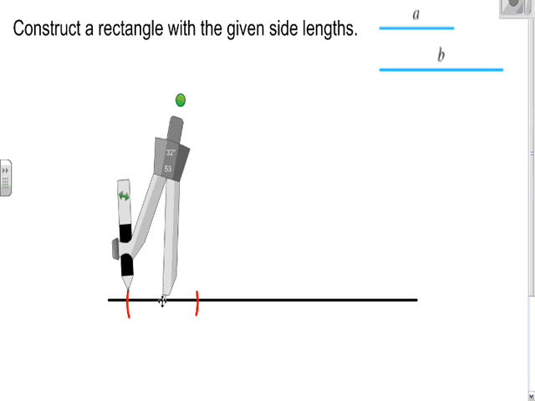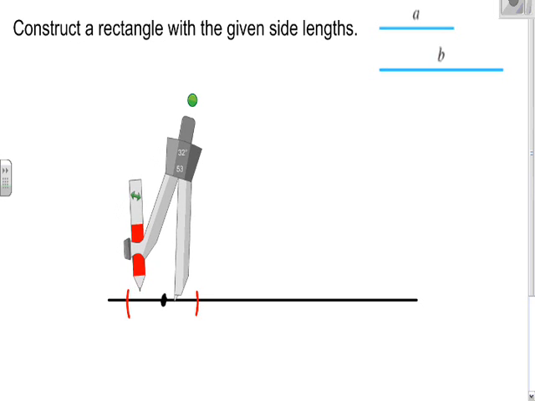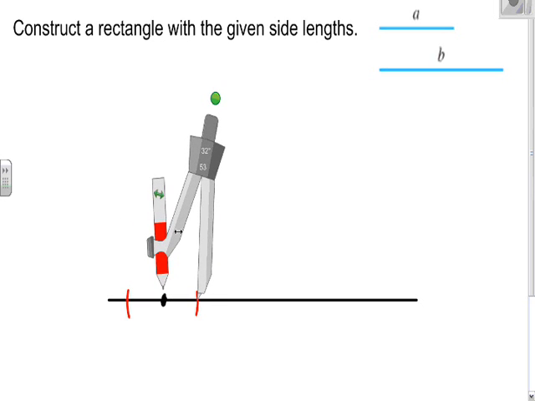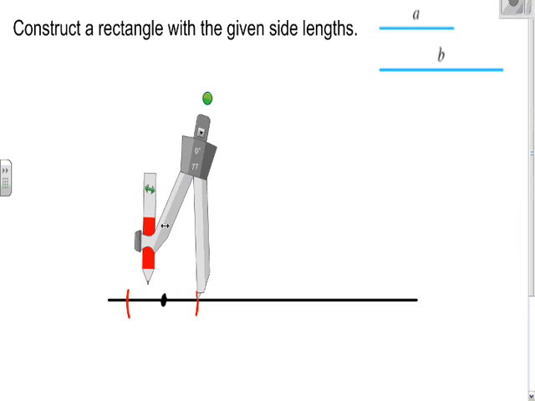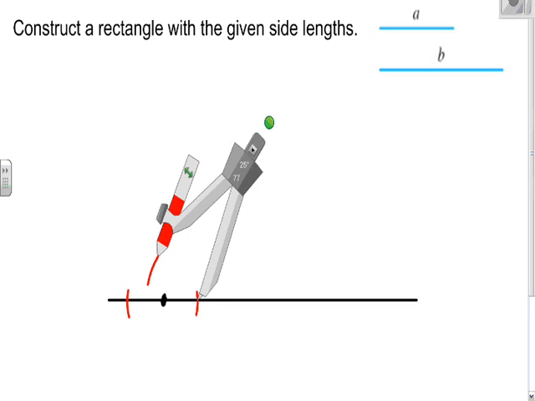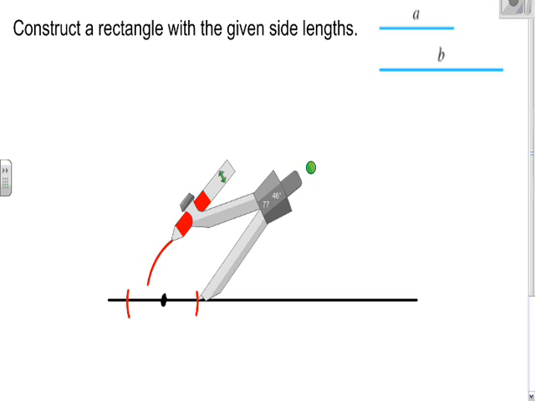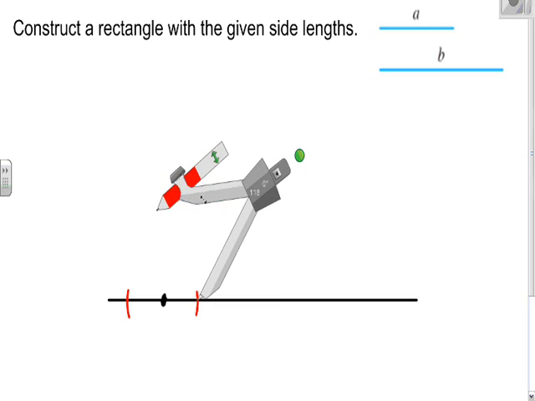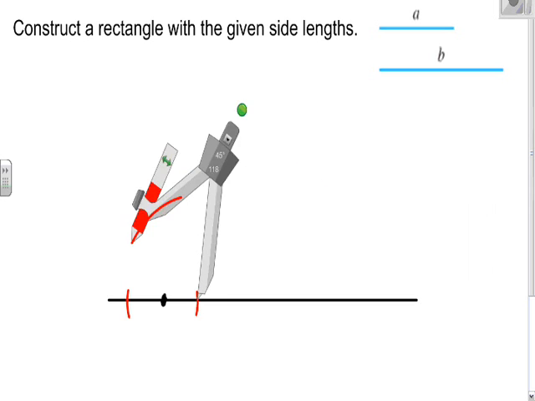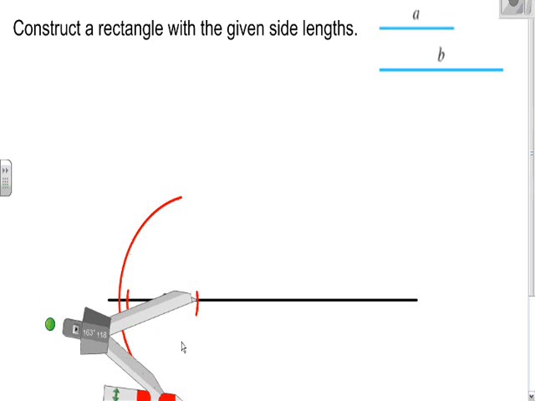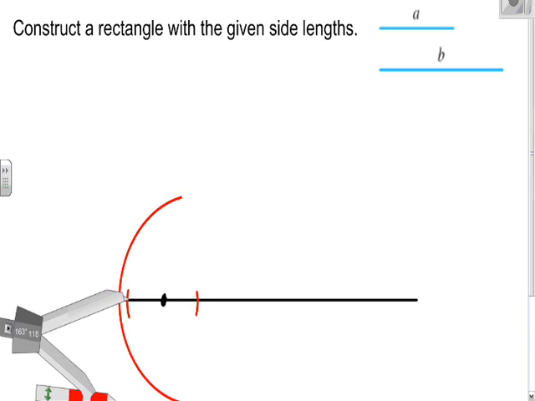And make sure you mark the point that you're starting with. Then from each of those points, mark out a new distance. Go a little bit further than that, and do both above and below. Go to the other side, the other point, and do the same.